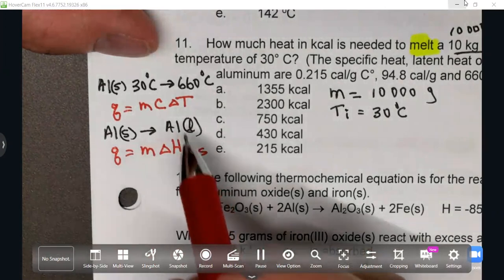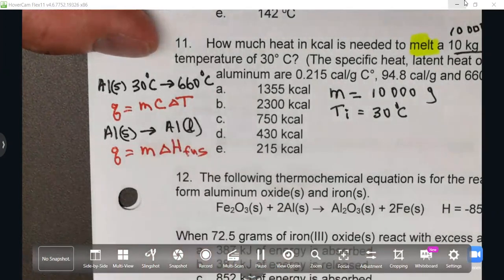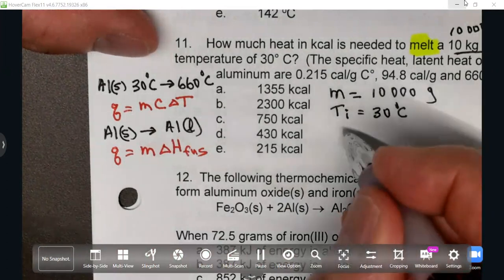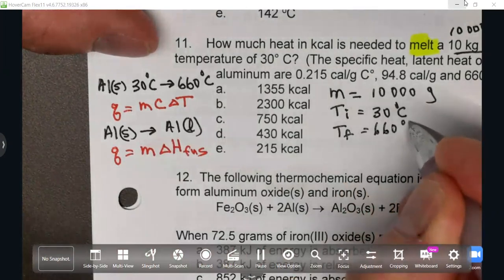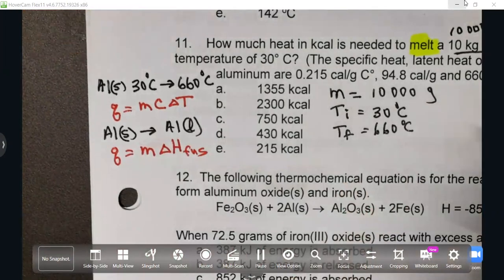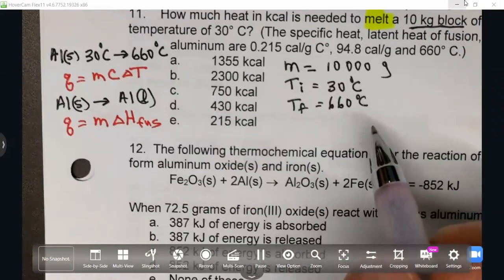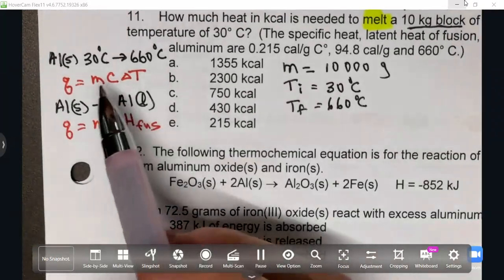So you have to do two calculations here. T final here ends up being 660, and you got your specific heat up there. So let's lay this first one out.